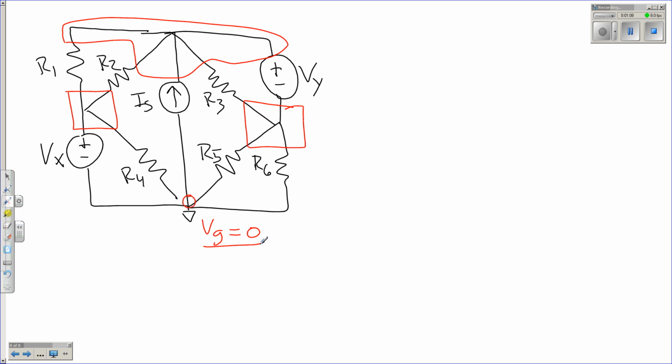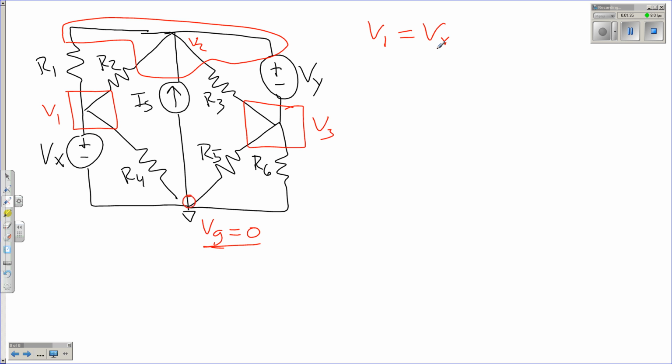Next, I go over here, V1, okay, V2, V3. Starting at V1, I see I've got a voltage source in between this point and the other point, V ground. But since V ground is 0, I can just write my equation as V1 equals Vx.